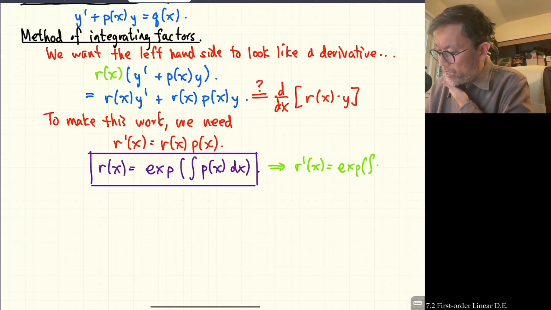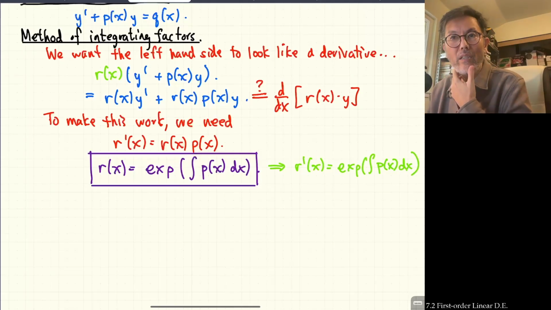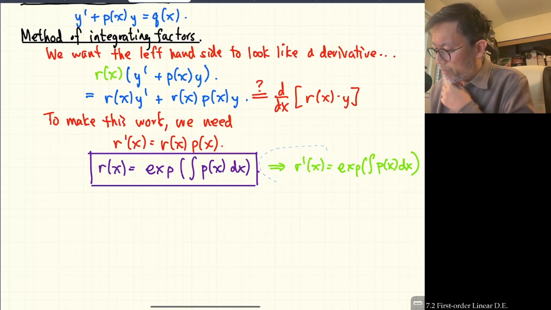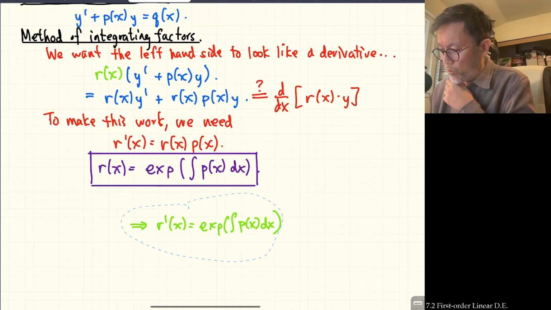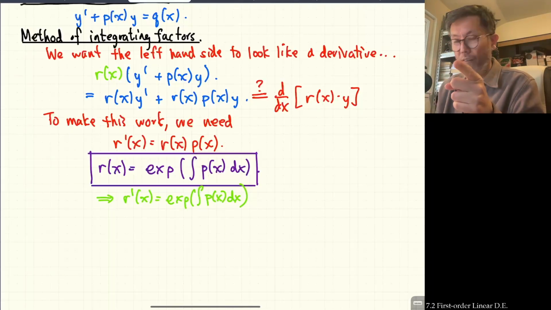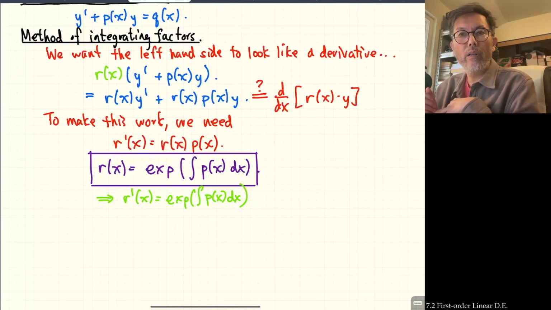So r prime of x is exp of the integral of p(x) dx times the derivative of what's inside the exp.